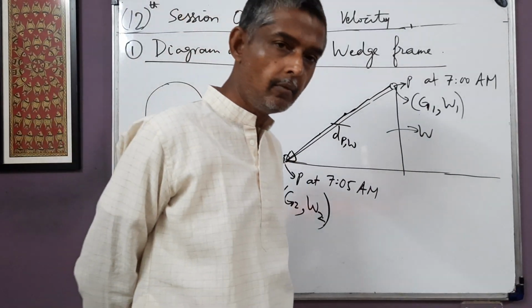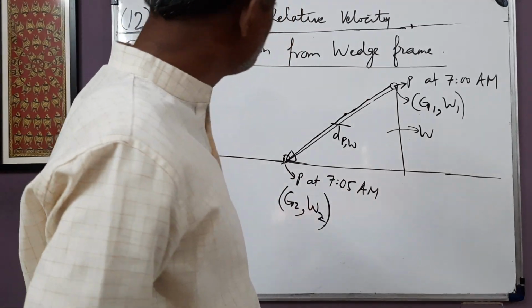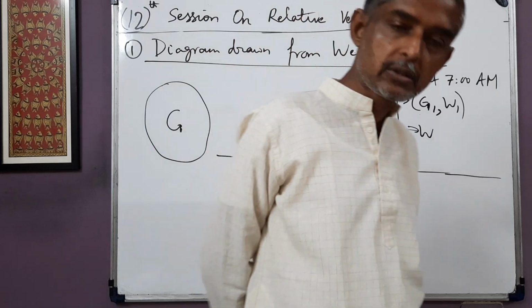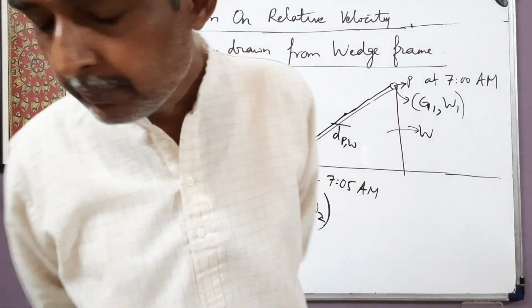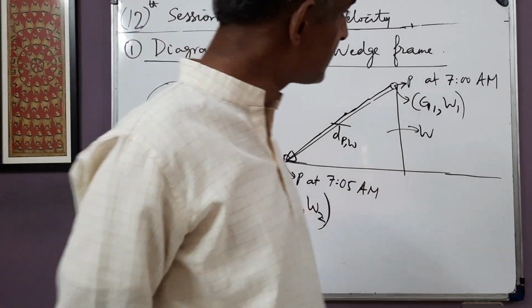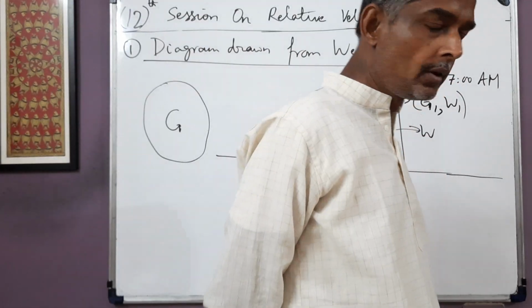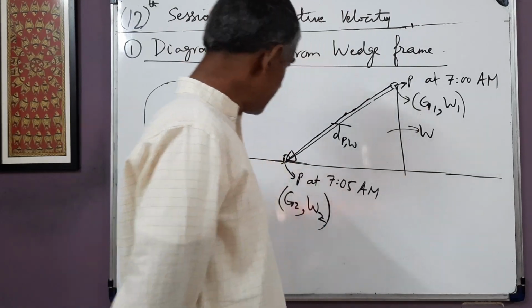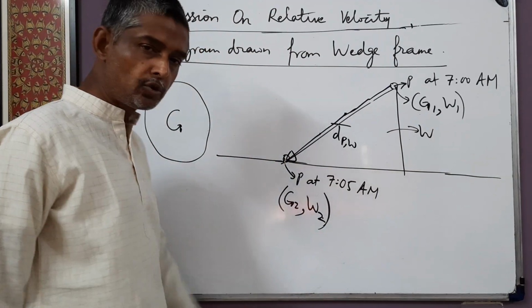Now we have to find the displacement of P with respect to the ground in the time interval 7 am to 7:05 am. For that we have to see which locations of the ground frame point P occupies at these two time instants. At 7 am point P occupies location G1 of the ground frame, and at 7:05 am it occupies location G2 of the ground frame.